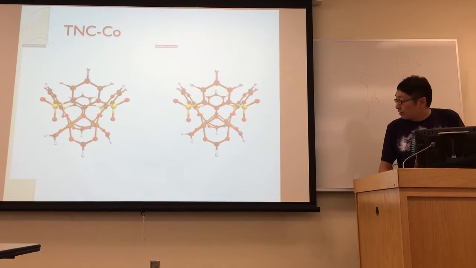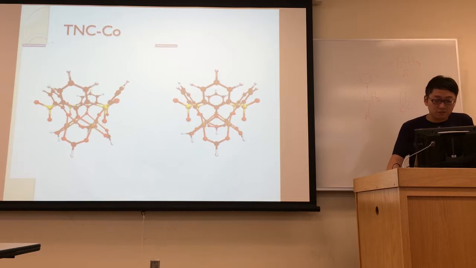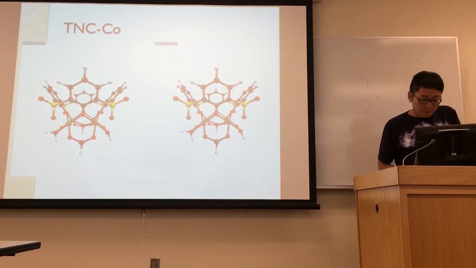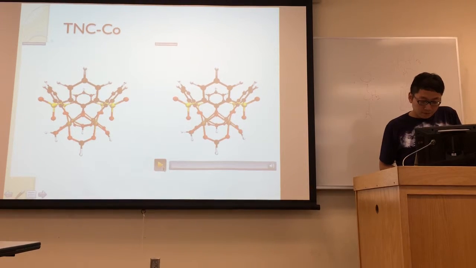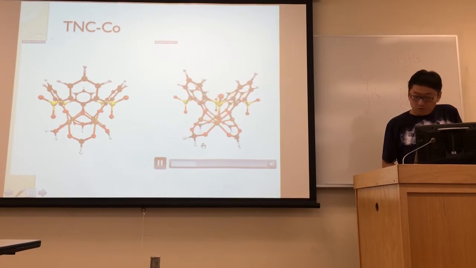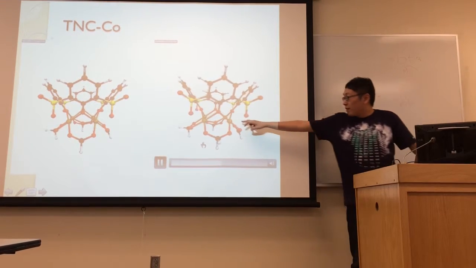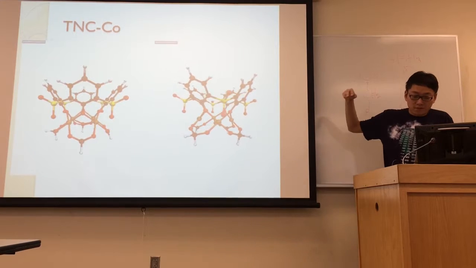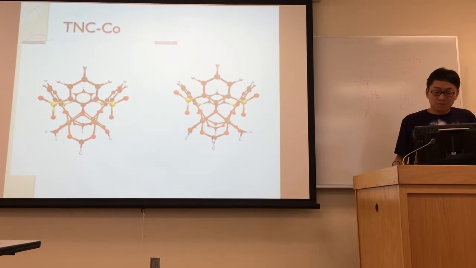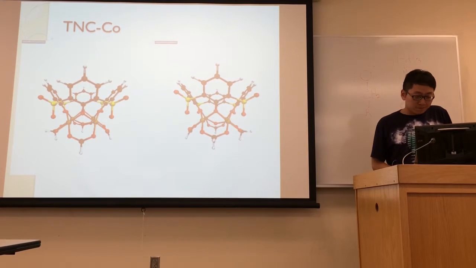You can see the graph is reading here. It's also made by Wendi. You can see the metal atoms incorporating with the oxygen atoms, making a complex here.